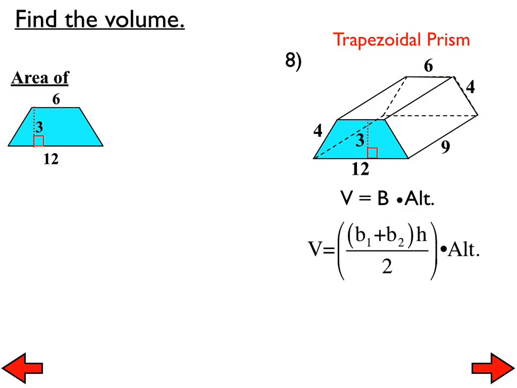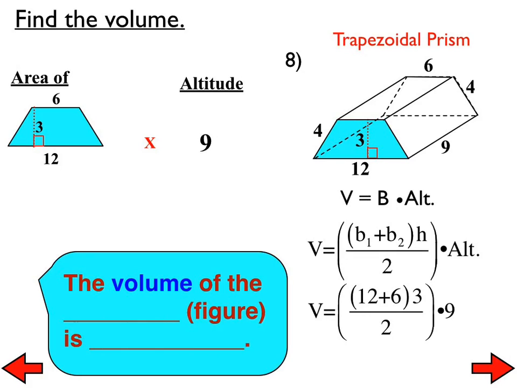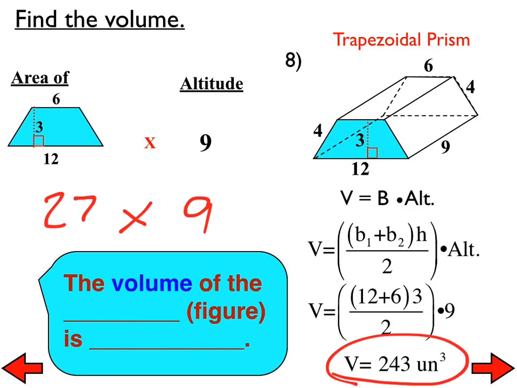When we find the area of that, we utilize the formula for trapezoids, and the altitude here is 9. The trapezoid has an area of 27. And we're going to multiply that by the altitude, and that's how we get 243 units cubed.